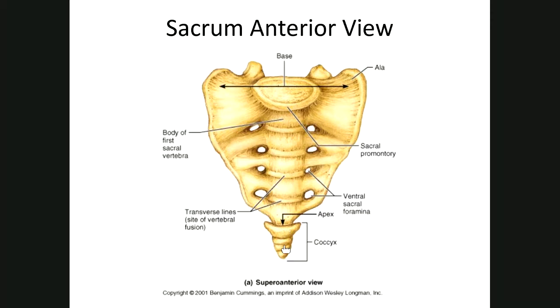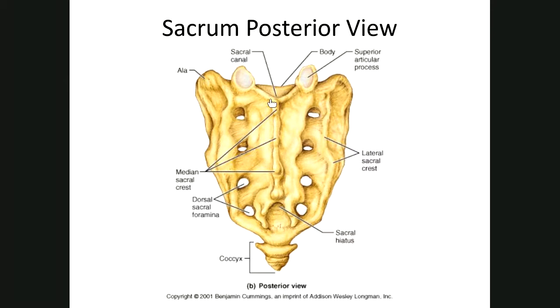Remember, 1, 2, 3, 4 fused. On the back side, the spines are fused together, and it forms a median sacral crest. There's a hole here, the sacral canal. So your spinal cord is going to go through this hole down underneath this spine, and it exits through the sacral hiatus. This is the end of the spinal cord that's going to exit here.